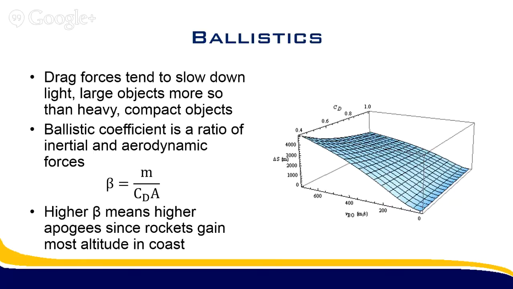It could also be decreasing the drag or the area. And you do this because in rocketry, most of the altitude is gained on the coast phase, not the boost phase. So you gain more altitude when you're not using your motor than when you are using your motor, which may be kind of counter to intuition.